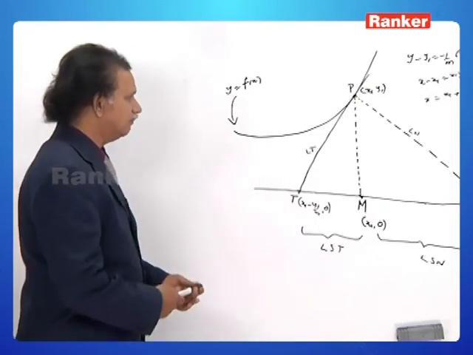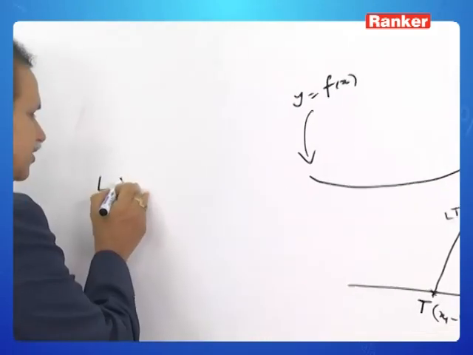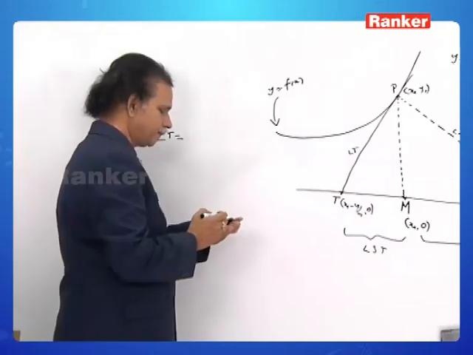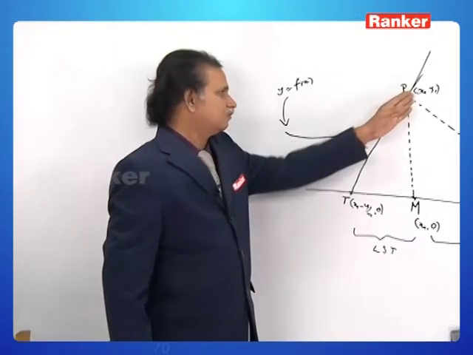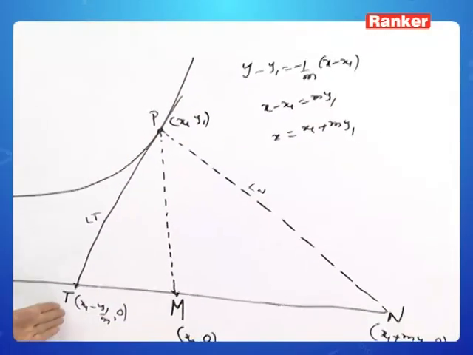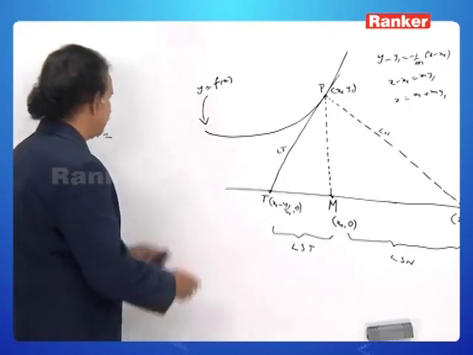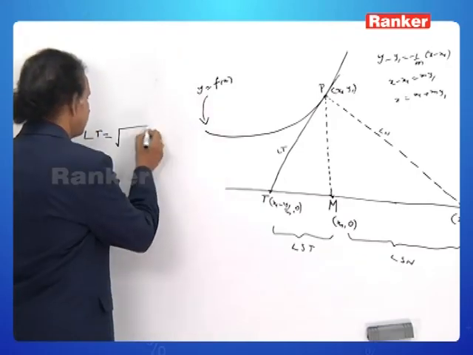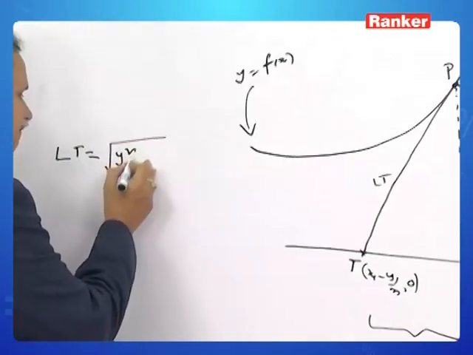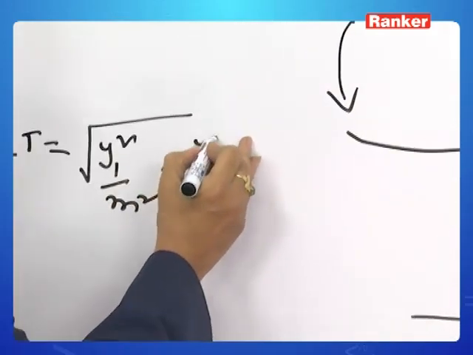Now, length of the tangent is equal to the distance between these points: x1 minus of this is y1 by m, whole square, that is y1 square by m square plus y1 square.